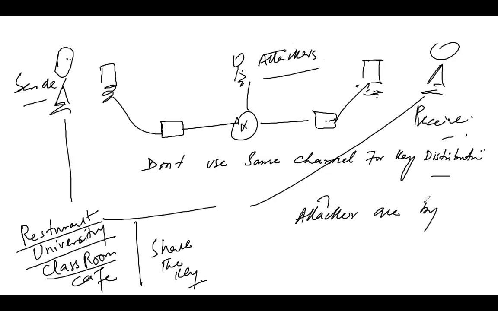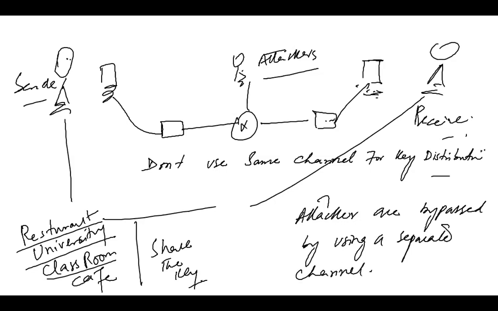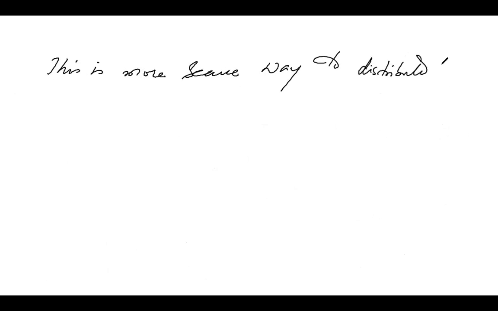Attackers are bypassed by using a separate channel, and that's why this is a more secure way to distribute your keys.